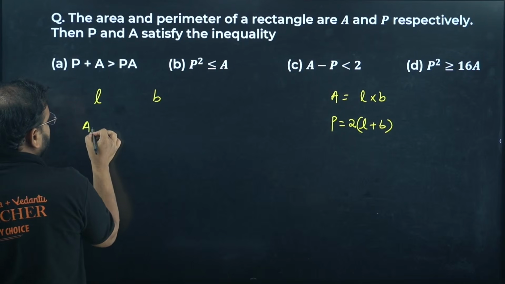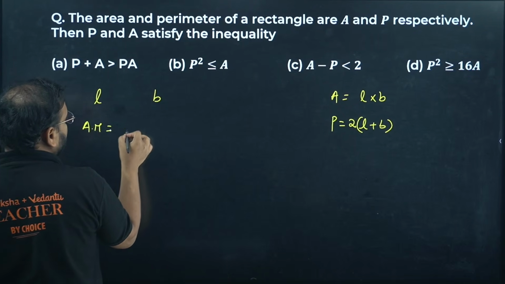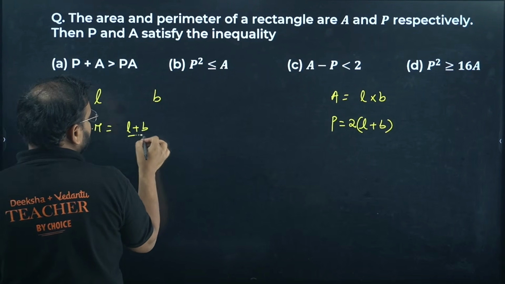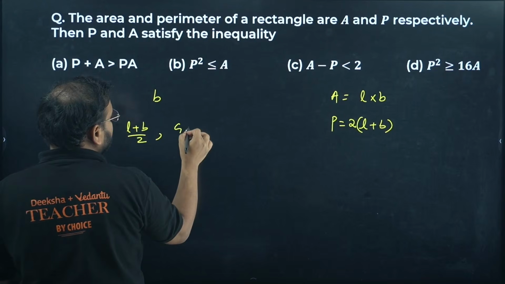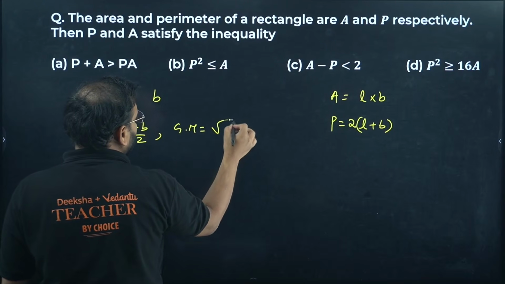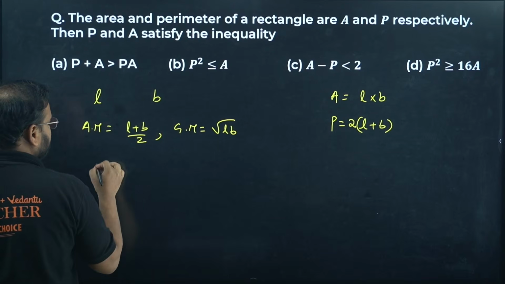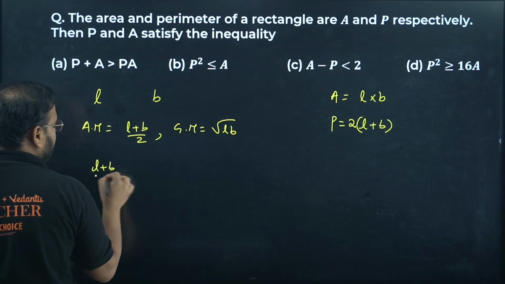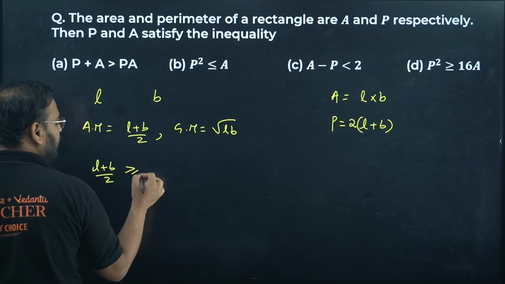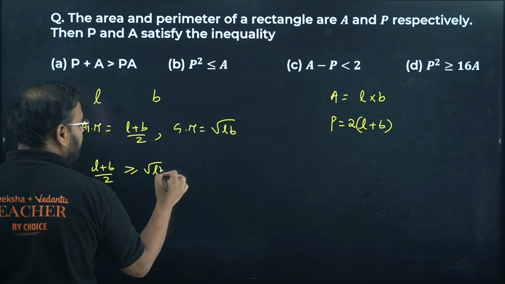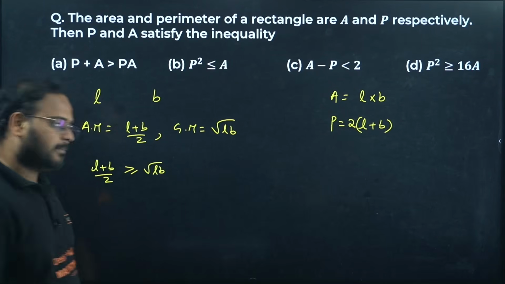Arithmetic mean will be L plus B by 2, and geometric mean will be root of L into B. And we know the relation that L plus B by 2 will be greater than or equal to root of LB. Do you all agree? Yes.